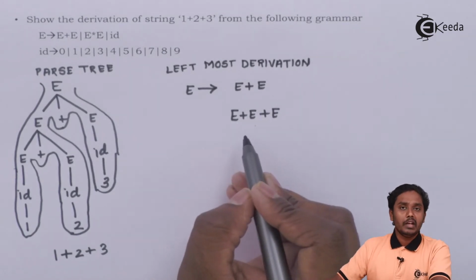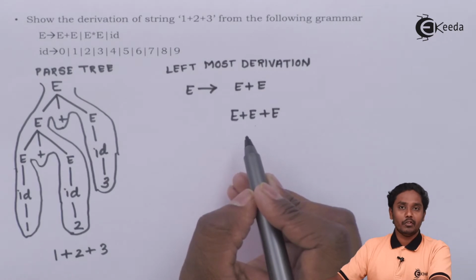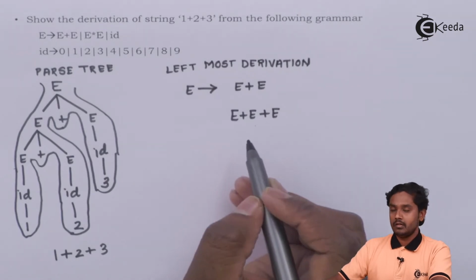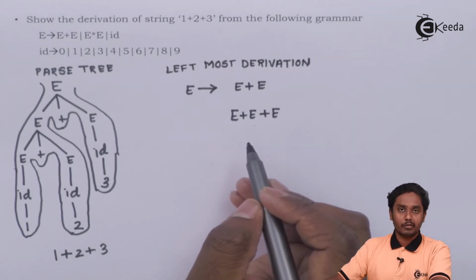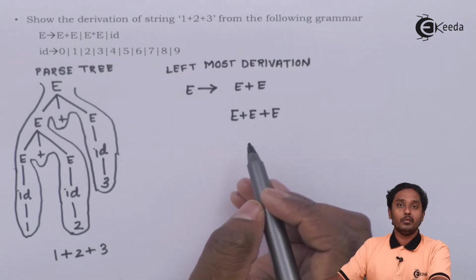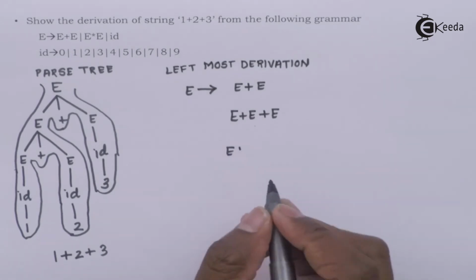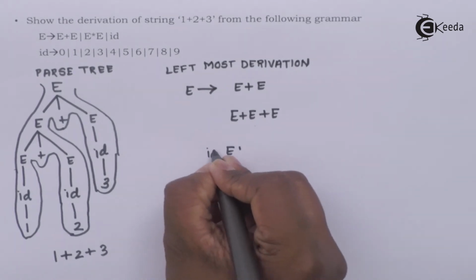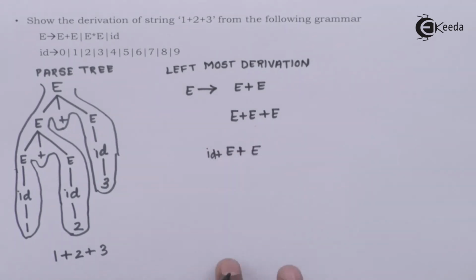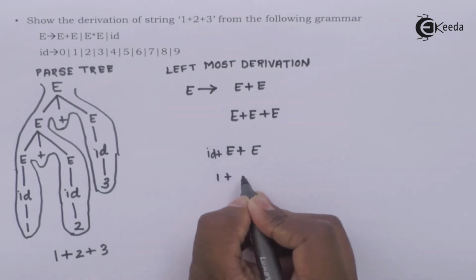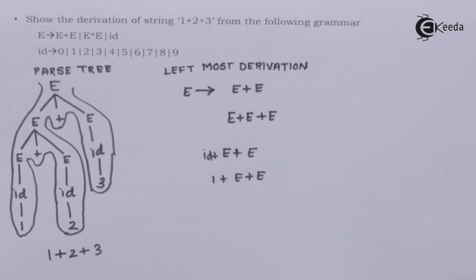Now we can repeatedly use the production E produces ID to produce the rest. Let us say we are using E produces ID on the first E because we are following the leftmost derivation. Now the first ID would be replaced with 1. Now the second E would be replaced with ID.